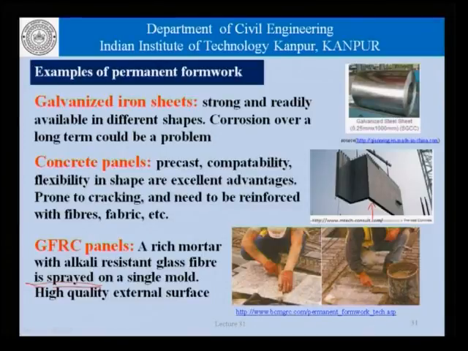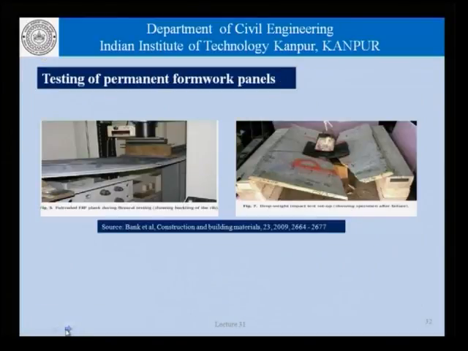And panels made in this manner can be used as permanent formwork, much in the manner as being shown here. Indeed, when we are trying to work in terms of permanent formwork panels, there have to be tests in order to ensure that those panels can indeed take the kind of load that will act on them during construction and during the early stages when the concrete has not developed full strength.